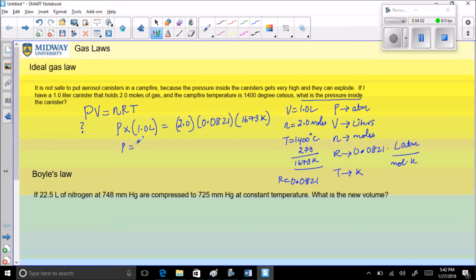So pressure would be basically 2 times 0.0821 times 1673 divided by 1, which is 274 atmospheres.